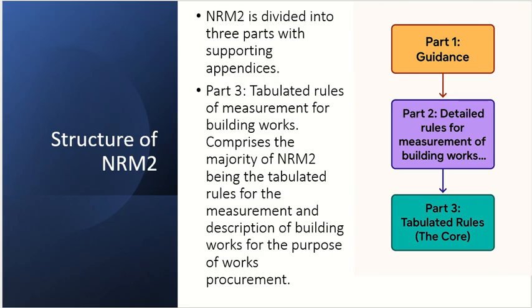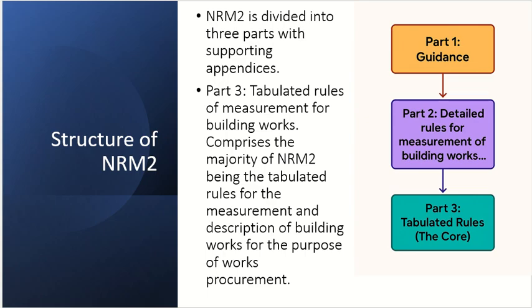Part 2 is the detailed rules for measurement, the ones which we have been using in the class. In the previous classes, what we have been using was from part 2, and part 3 are the tabulated rules. Sorry, no. Part 2 is the general rules about each building element, and part 3 is what we were using earlier.